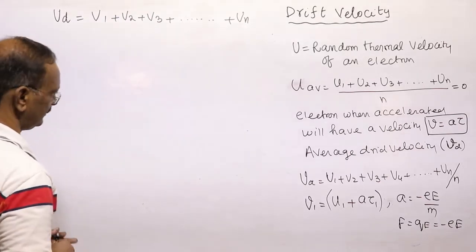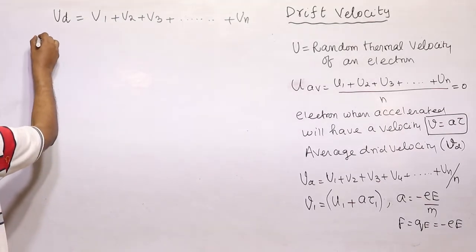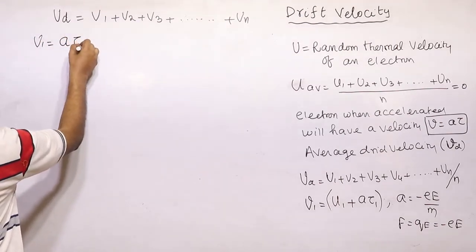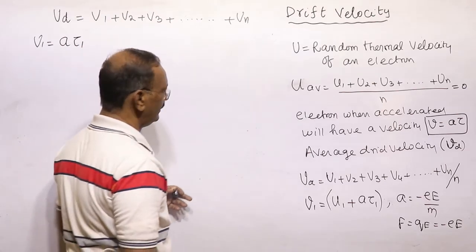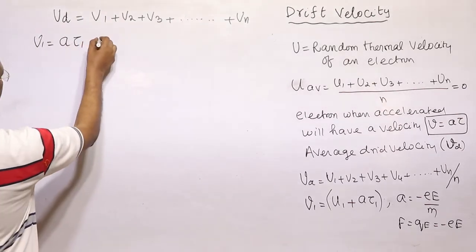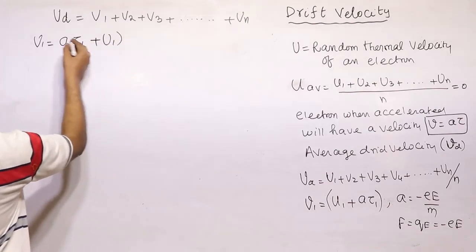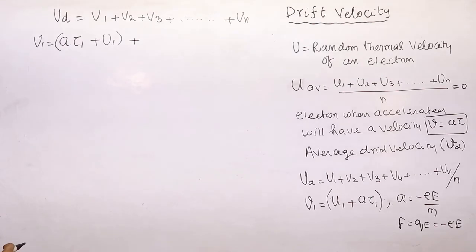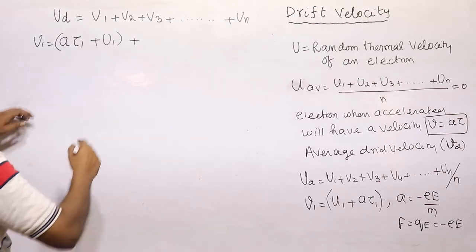We know V1 is the acquired velocity, acceleration into time period. Velocity is equal to acceleration into time plus its own thermal velocity.